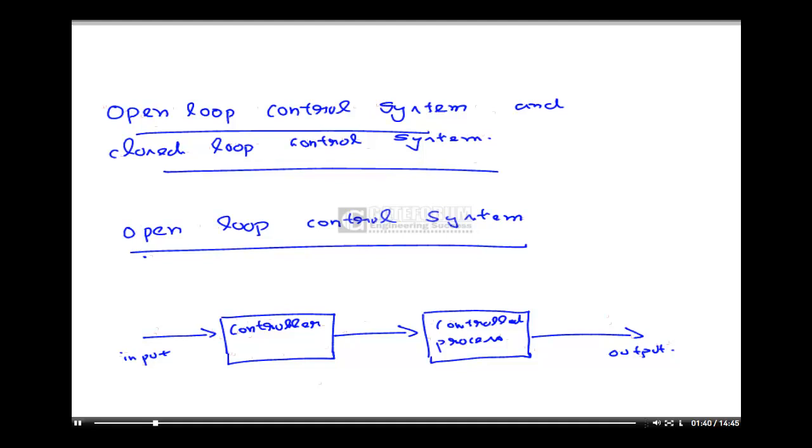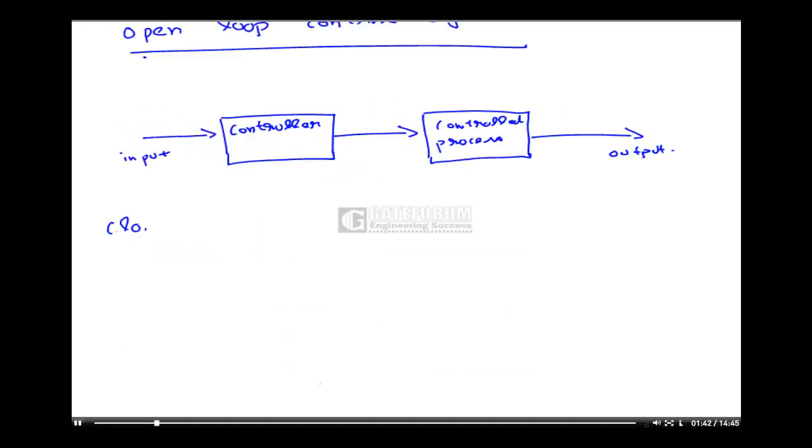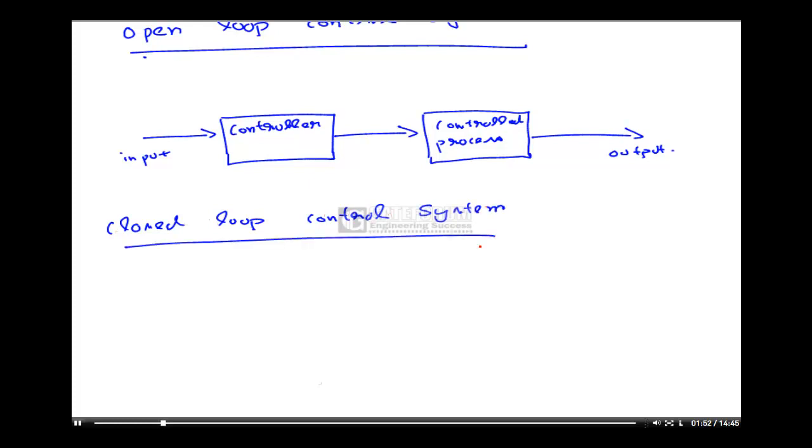Now if we take a look at the closed loop control system, then there will be a feedback from the output to the input.